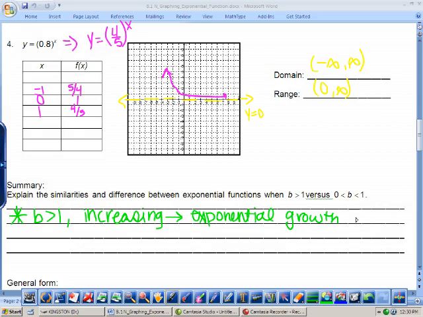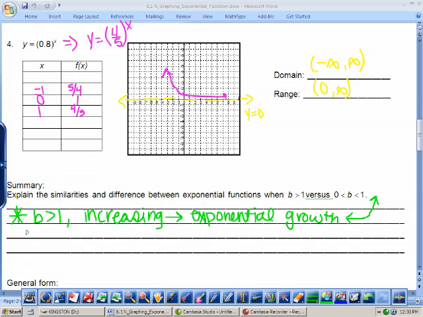The reason this is important is it kind of gives us an idea of what the graph looks like. If you can decide before you start graphing exponential growth versus exponential decay, you know what this general shape is going to look like. Okay, what are the restrictions on B for it to be decay?